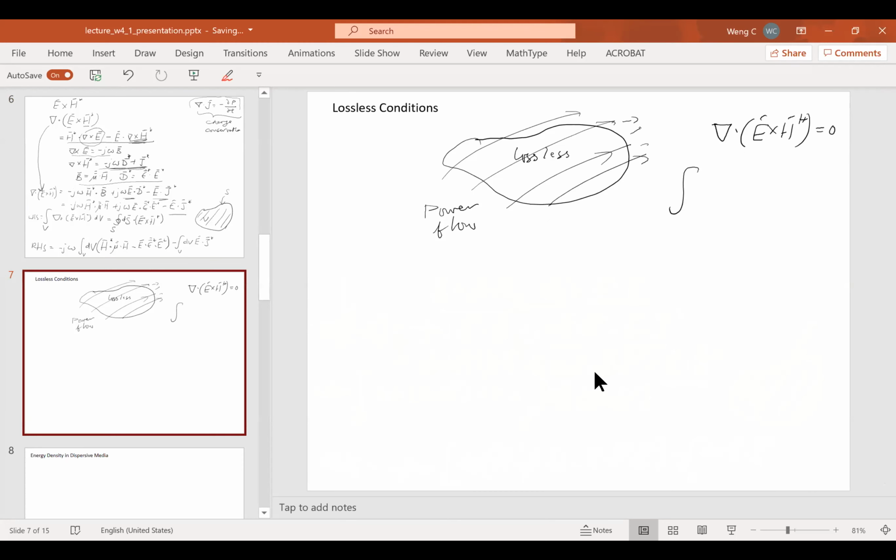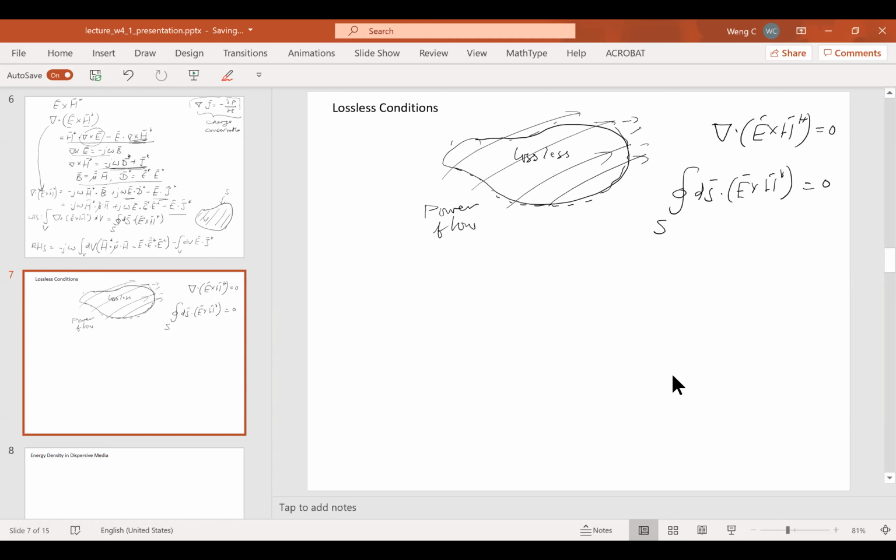What this means is that if I were to use Gauss divergence theorem, this would become the closed surface integral ds E cross H star, and this would be 0. If the medium is lossless, if I integrate E cross H over the entire surface, whatever goes in has to come out, and this integration will become 0.